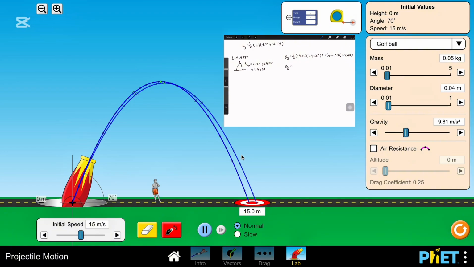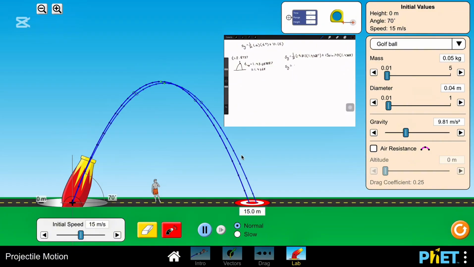hold up, first square the time, then multiply times minus 9.81, and we get 20.25, but it's divided by 2.